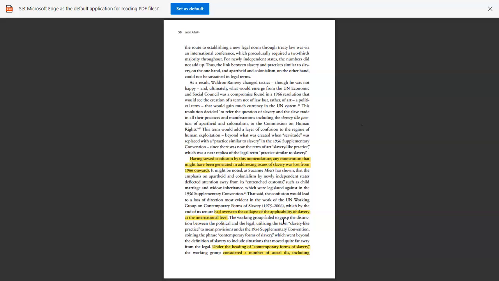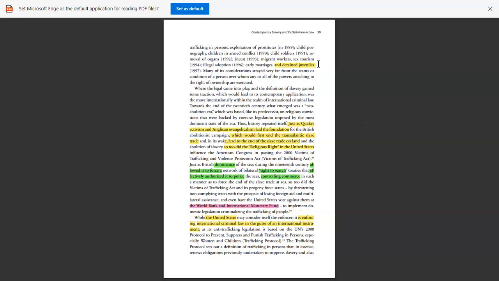So it's almost as if they set up to do it from the international level and then reach all the way down to the local level and continue basically under the heading of contemporary forms of slavery. And so under that heading of contemporary forms of slavery, they considered a number of social ills, including detained individuals. So on behalf of the children, think about it.